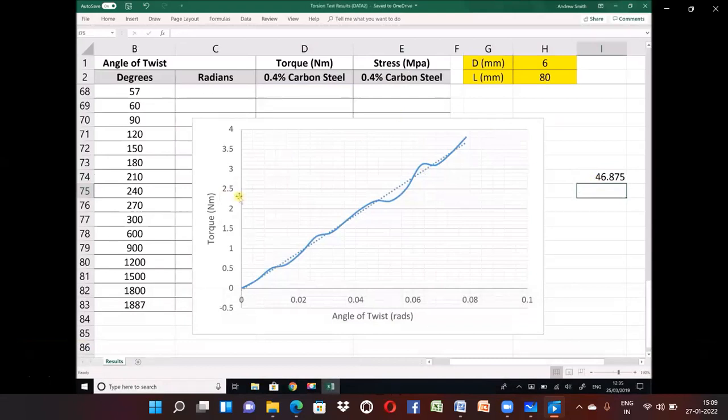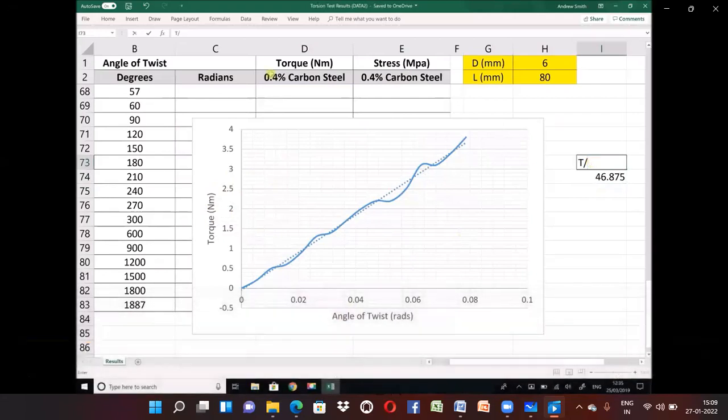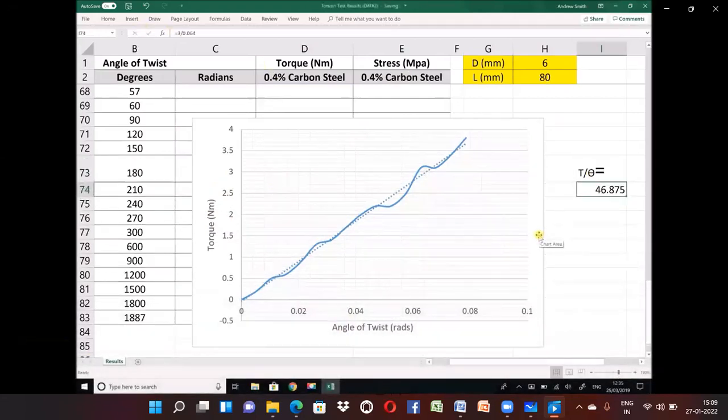Just note that the graph we have here is torque against angle of twist. Therefore, our gradient, change in y over change in x, is the same as T over theta. So we have T over theta equals 46.875.